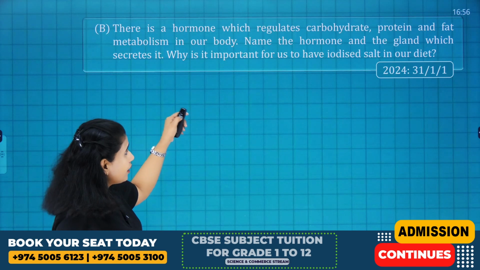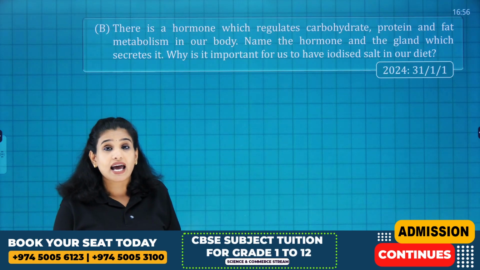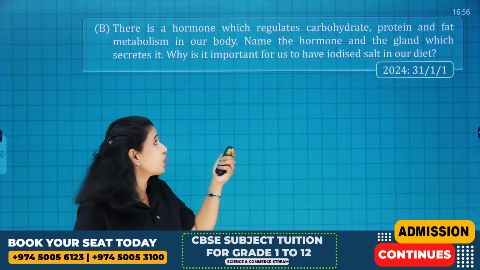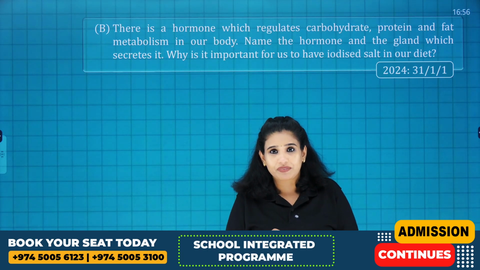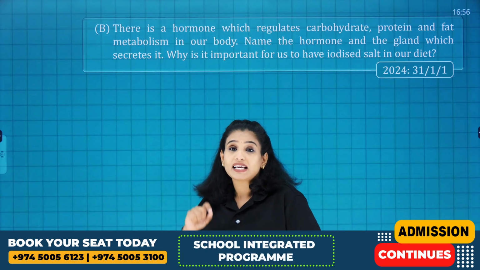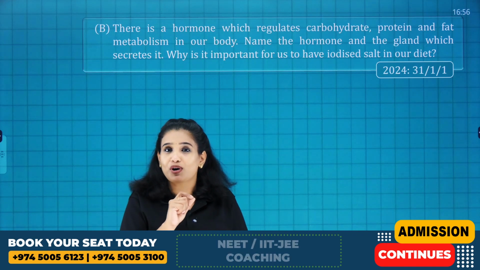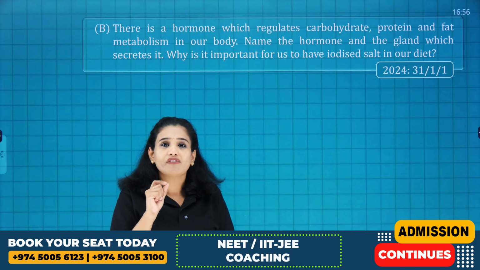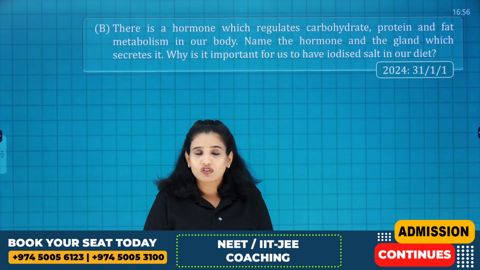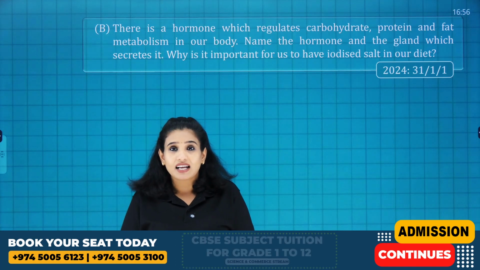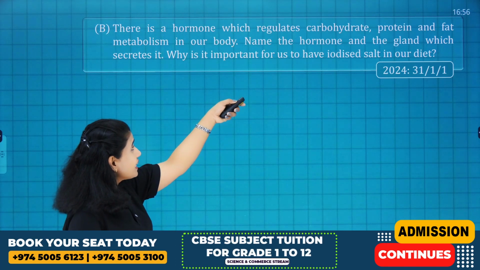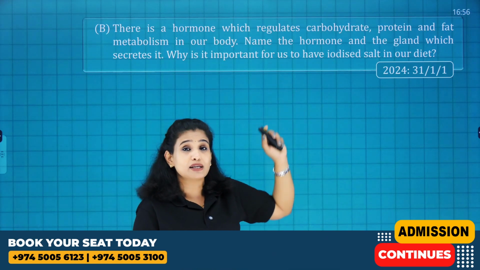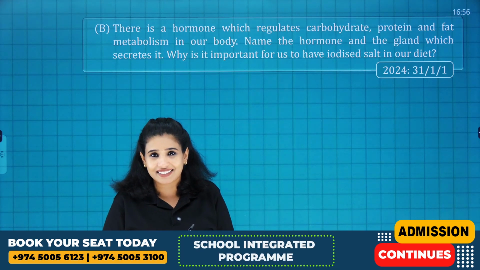So, three questions you have to answer. Which hormone is necessary for the metabolism of protein, fat and carbohydrate? Which gland produces it? And also you have to write why iodized salt is important in our diet.